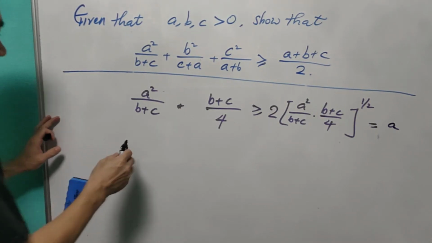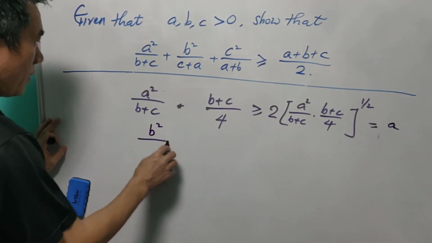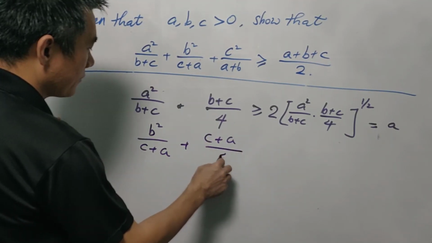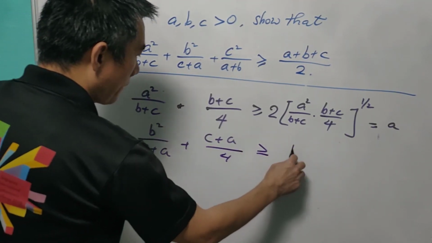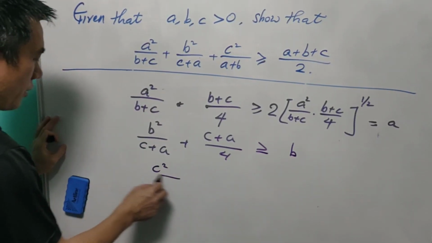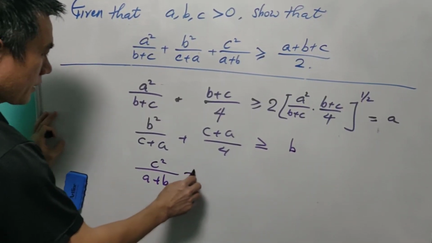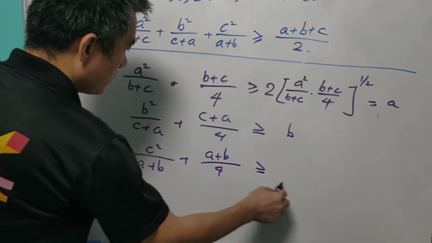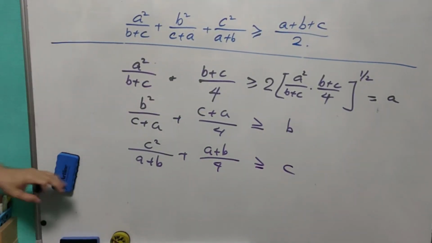Using a similar argument, we have b squared over c plus a, plus c plus a over 4, greater than or equal to b. And c squared over a plus b, plus a plus b over 4, greater than or equal to c.